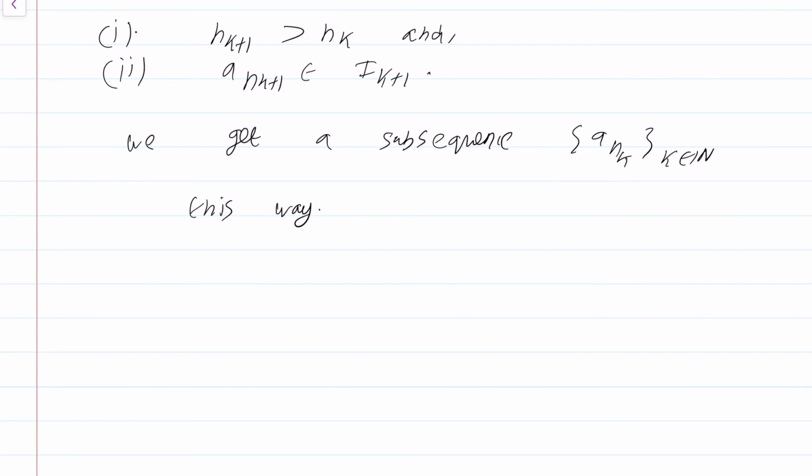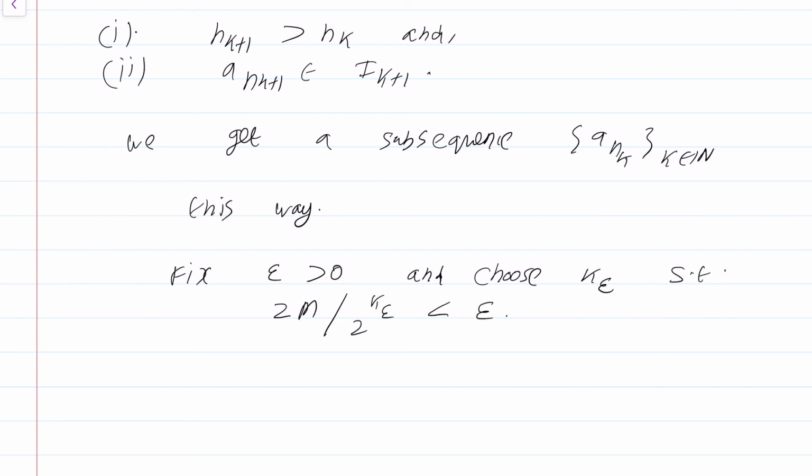How do you show that it converges? Well, fix epsilon greater than 0 and choose k epsilon such that 2m divided by 2 power k epsilon is less than epsilon.